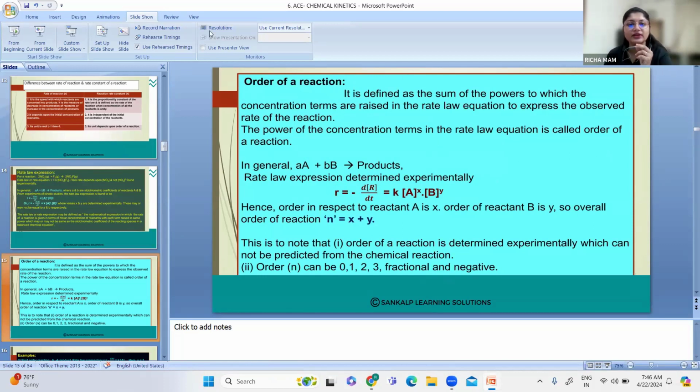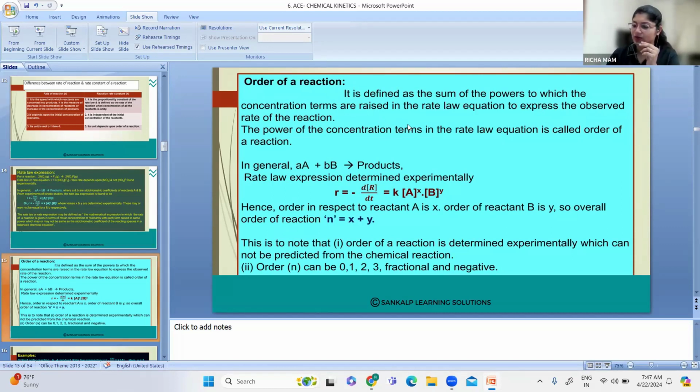Whenever any chemical reaction is occurring, we cannot predict the order, but it can be determined experimentally. The order of reaction can be 0, 1, 2, 3, or it can be a fractional number and also a negative number.